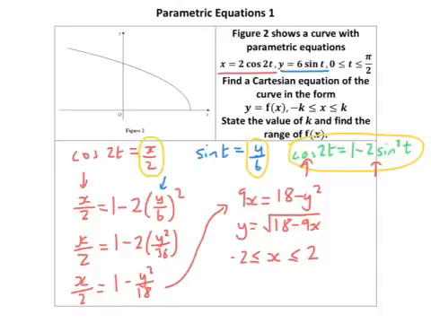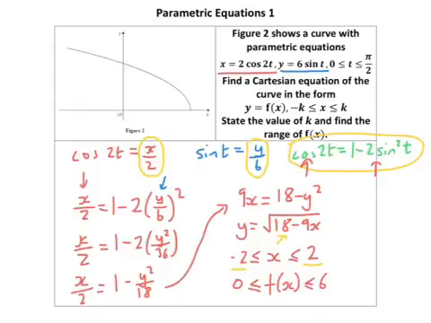That means f of x, when I put 2 and minus 2 in, is between 0 and 6. Putting minus 2 in there, I get the square root of 36, which is 6. And when I put 2 in there, I get 0.